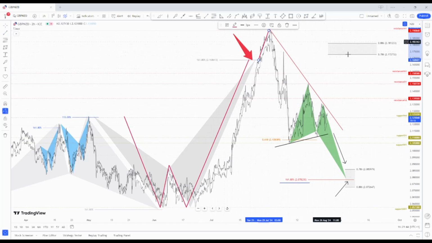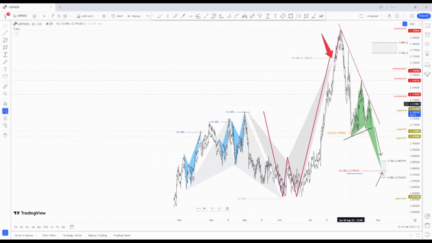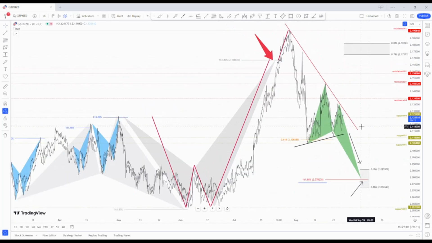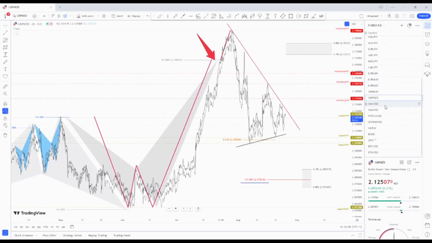So just to clarify, just because we have patterns projected above or below, that doesn't mean the price will complete them. And to finish with the pound versus the New Zealand, we are still stuck inside this range. While inside that range, we should not try anything.